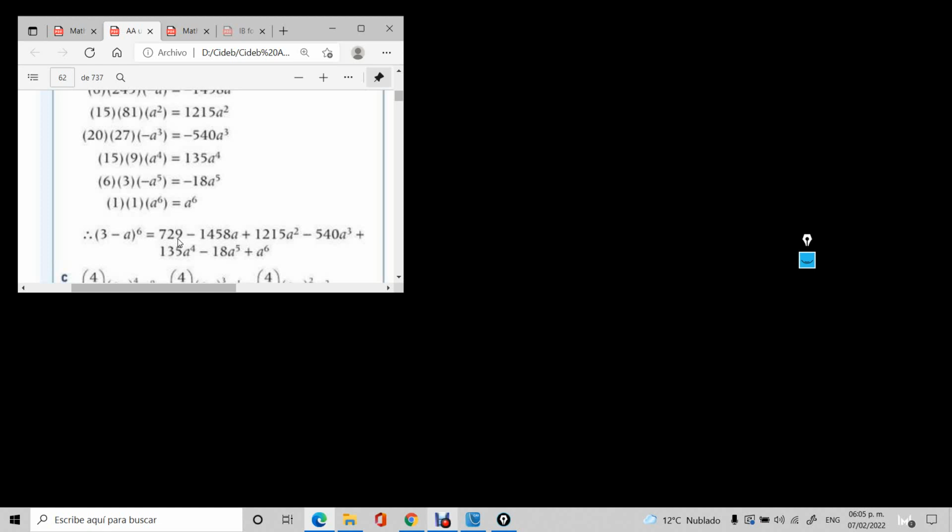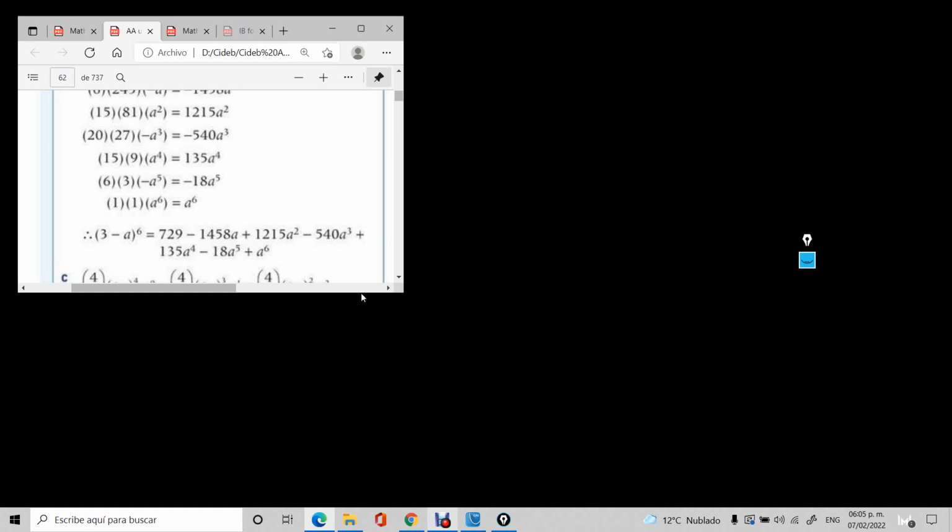For example, take a look at this. We have a binomial, and we have its expansion in here. All of this is expansion. How many terms do we have in the expansion? We have 7: 1, 2, 3, 4, 5, 6, 7.